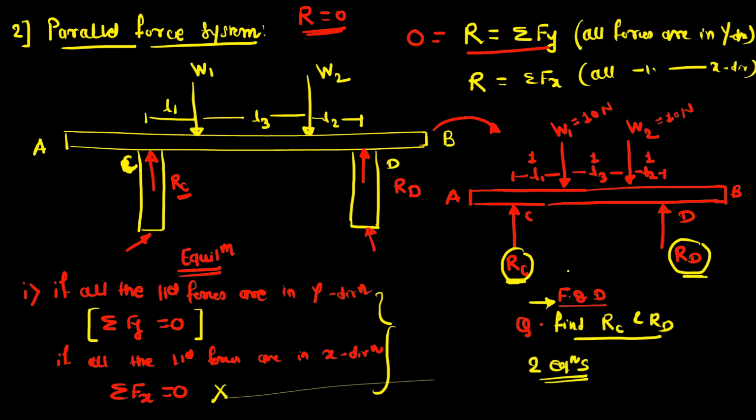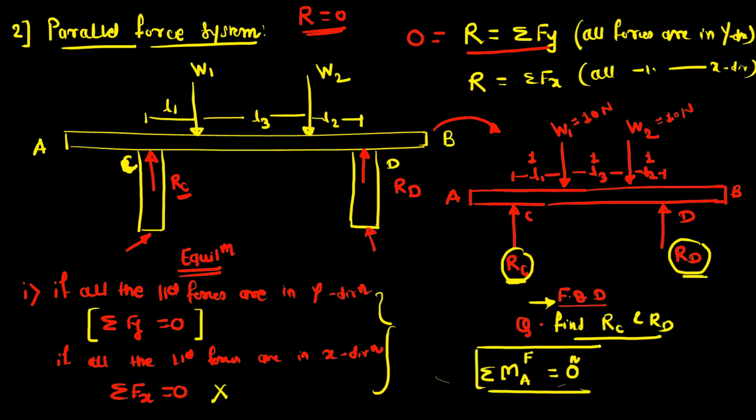The second condition for such a parallel force system is that the summation of moments at any point of the system, by the forces and the reactions in the system, must be 0. So this is the second condition that you can use for a parallel force system.